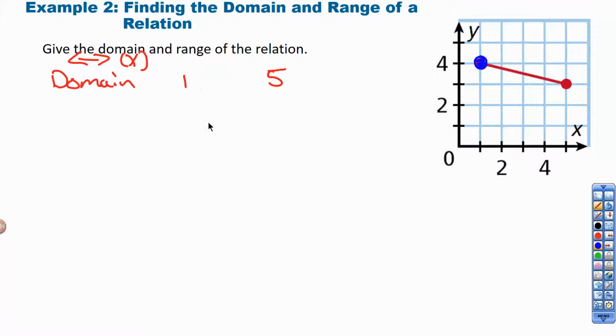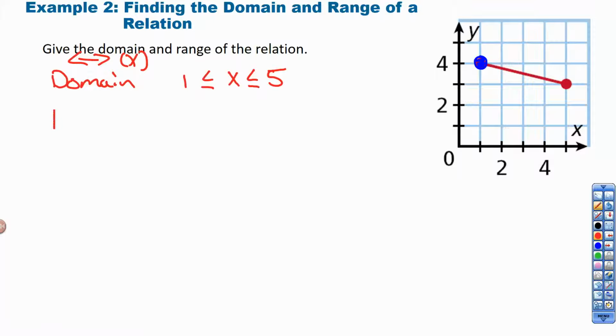So is it going to be greater than or less than 1? Greater than or equal to. And would we call this an and or an or? An and, because it's connected. So that means we need to put our x in between these two points. We write this as x is greater than 1 and less than or equal to 5. So that is our domain.